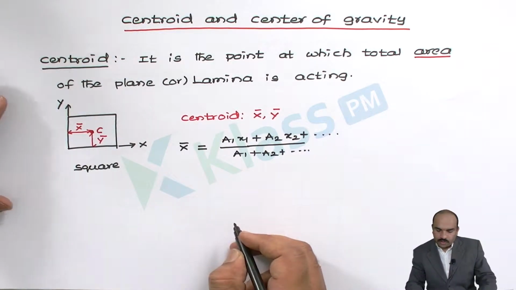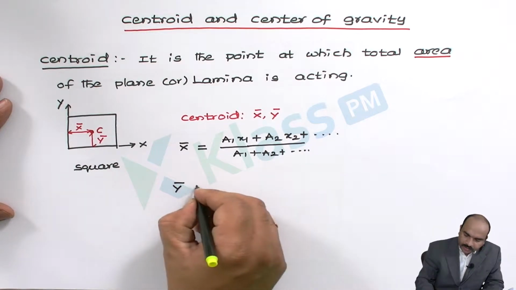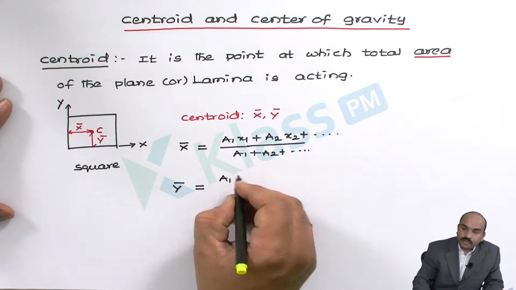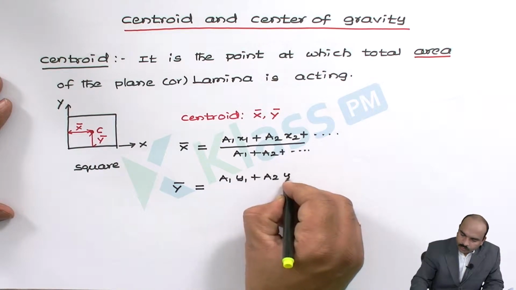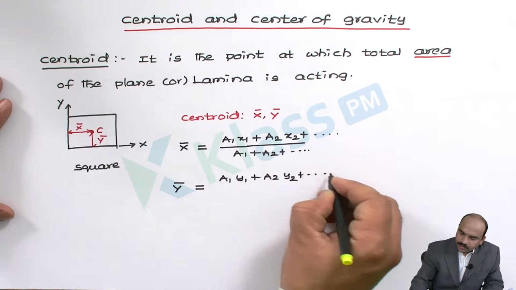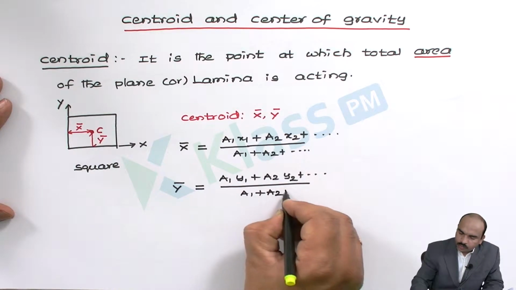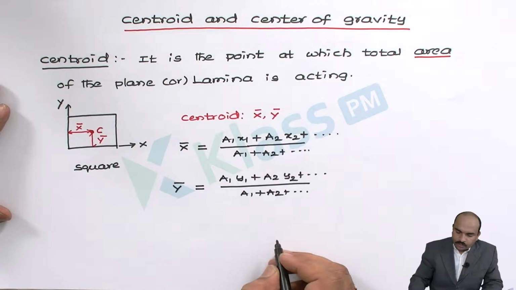So this is the formula to calculate x centroid. Similarly we can calculate y bar, that is y centroid, with the formula a1 y1 plus a2 y2 plus so on, divided by a1 plus a2 plus so on. So this is the formula to calculate x bar, y bar.